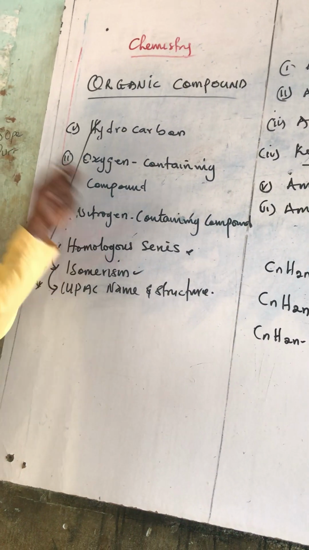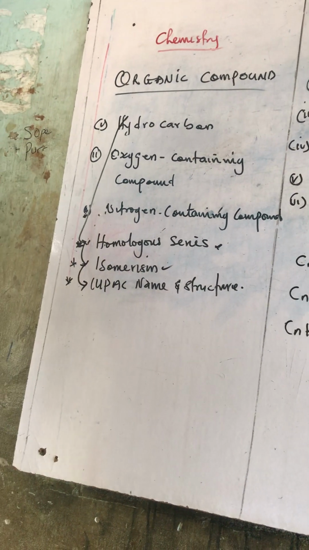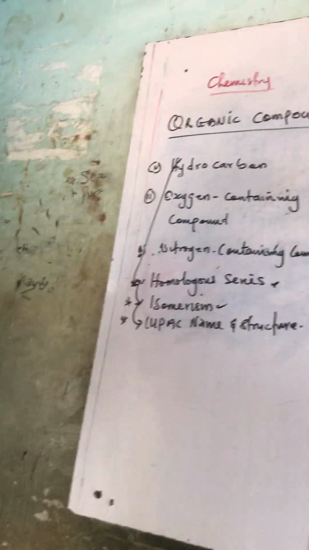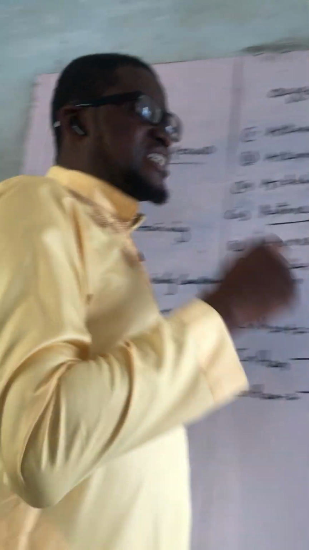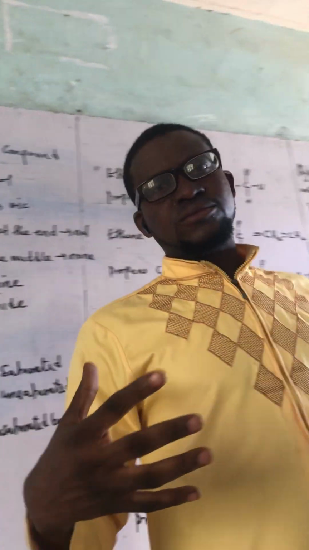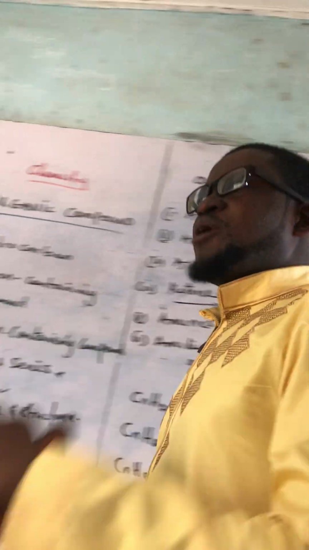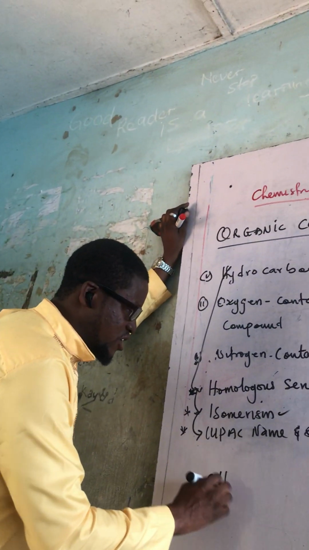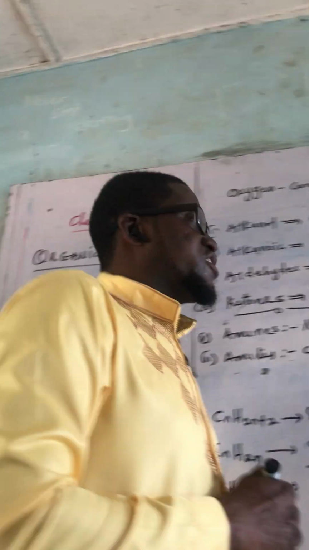Now, when we say the series is homologous, homologous series is a series that are bound with the same molecular formula. And this bond is different by a methyl group, and that is CH2. Let me take the definition again.